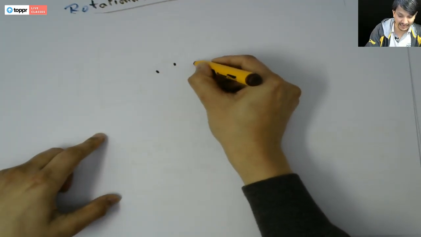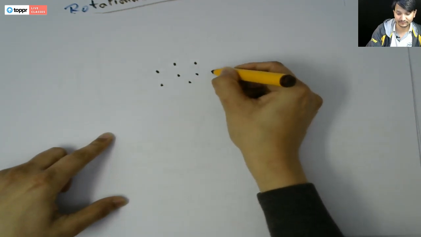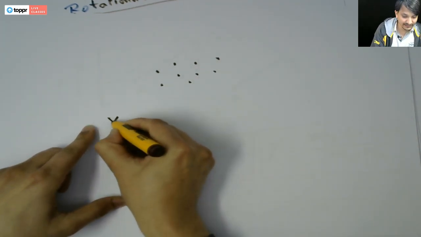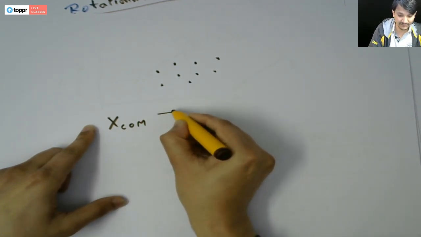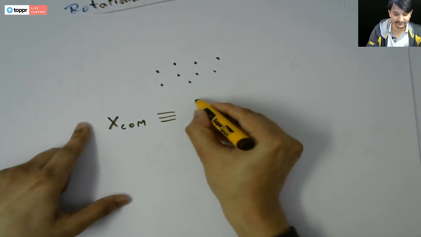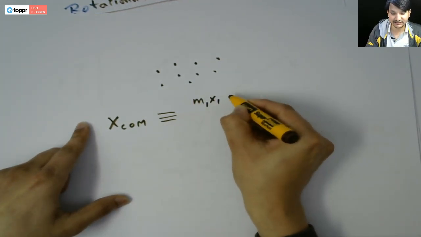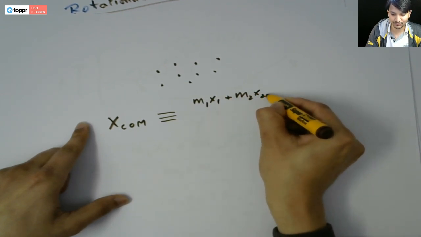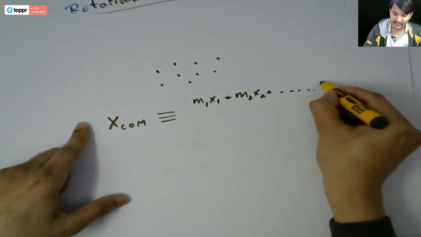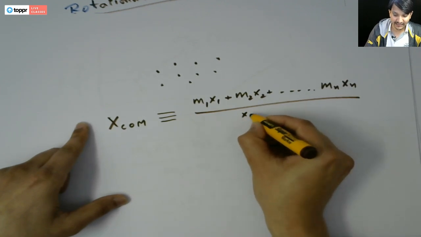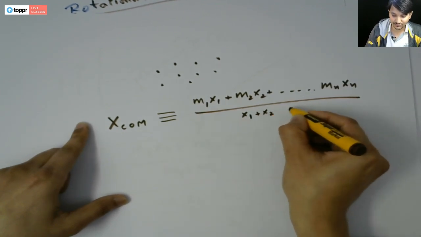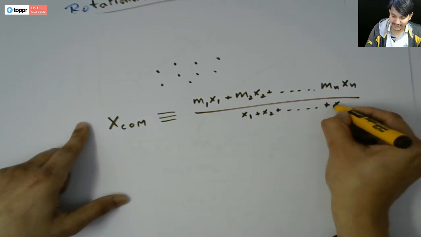Whenever we have a system of particles of say n number of particles, x of center of mass, or x coordinate of the center of mass, is m1 x1 plus m2 x2 plus so on mn xn, divided by x1 plus x2 and so on xn.